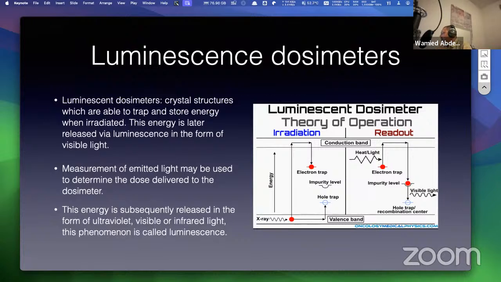After we finish irradiating the dosimeter, if we can excite these trapped electrons and encourage them to drop down to the valence band, then when they do this, they're going to emit light. If we measure the amount of light, that will constitute our dosimetric signal.